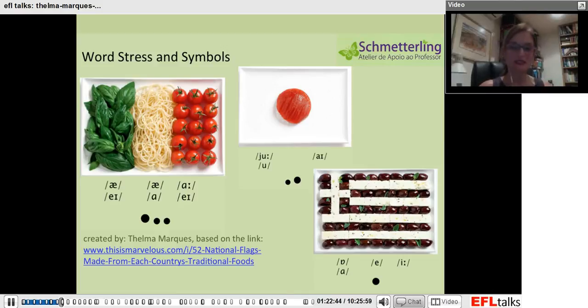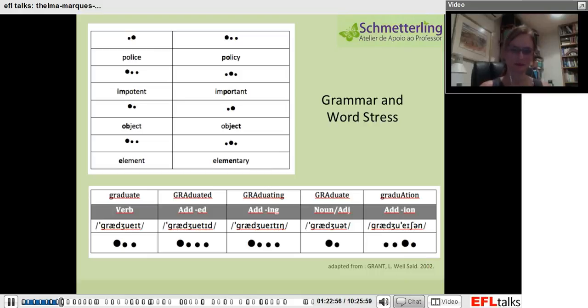This activity, I received an article and read the article about the flags and food, and then I created this activity. The importance of correct pronunciation of similar words in English can also be shown by using dots in order to avoid misunderstanding.